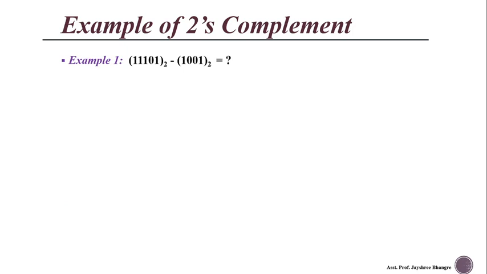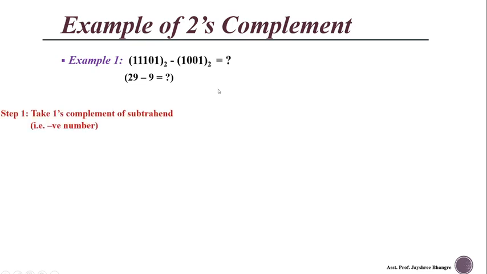Now look here, another example is 11101 minus 1001. That means we have to perform 29 minus 9. If you concentrate over here, this 29 is represented using 5 bits and 9 is represented using 4 bits. And now you want to perform this subtraction.